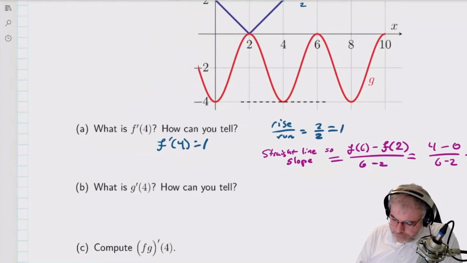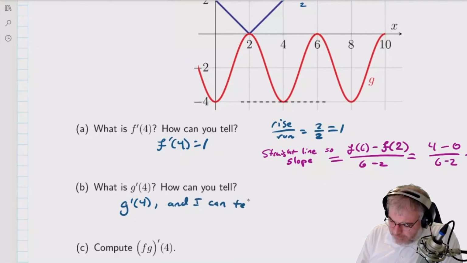Okay. G prime of 4. Well, G prime of 4 equals 0. And I can tell by the slope of the conveniently placed tangent line.